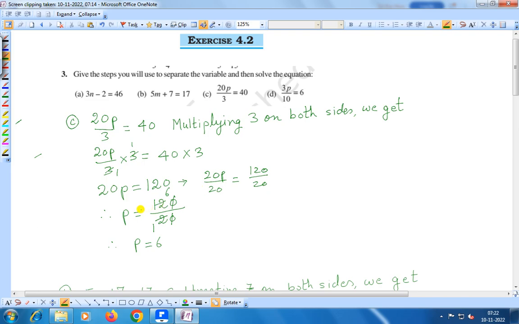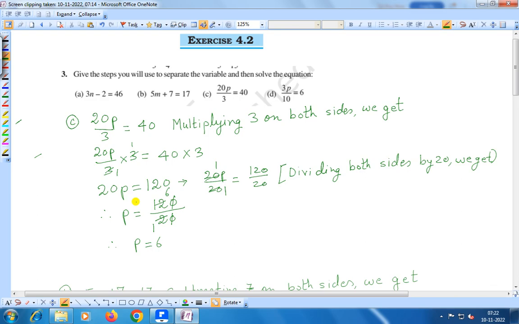After this, we get p is equal to 120 by 20. Here there are two steps.